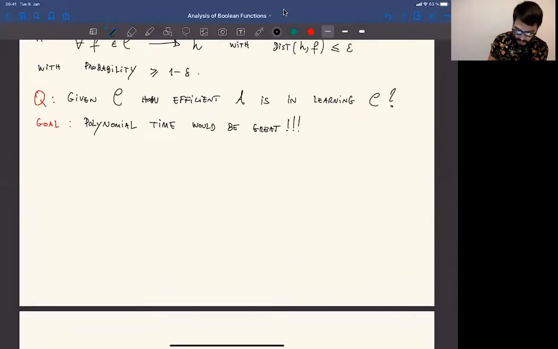Great. So for proving some of the results, I will need some lemmas. Let me state the first proposition that I would like to show. Proposition 1.